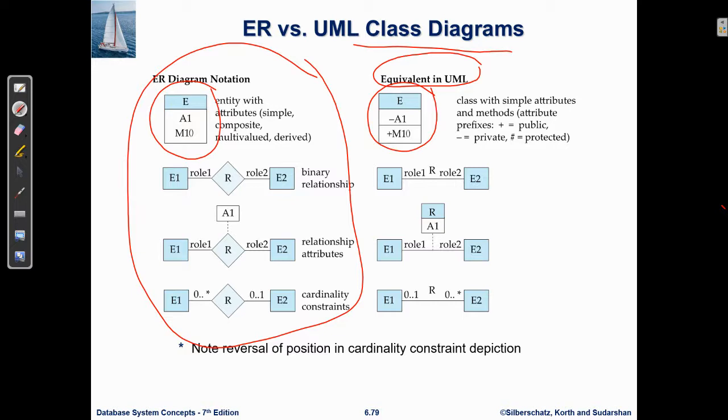Here E is the entity, and here it is a class with simple attributes and methods. Attribute prefixes: plus is public, minus is private, and hash is protected.